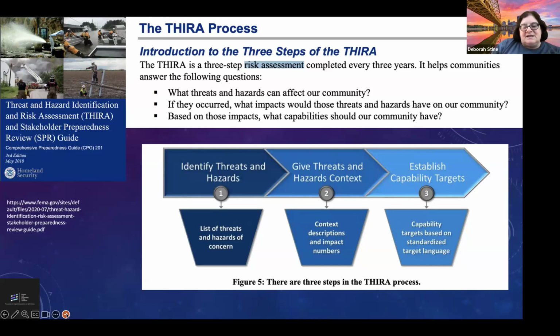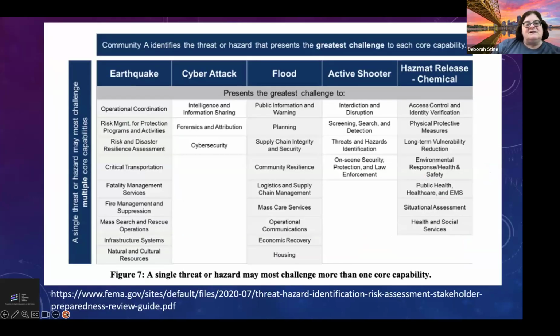And so this is, again, managed by the Department of Homeland Security, by identifying threats and hazards, giving threats and hazards context, and then establishing the capability to respond to those interventions. So you'll see here at the top, Community A identifies the threat or hazard that presents the greatest challenge to them.